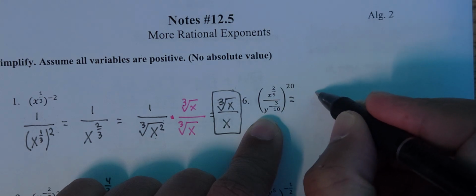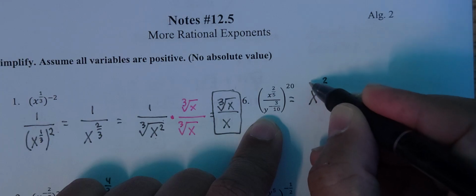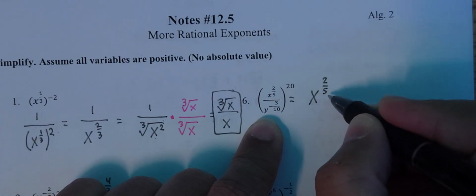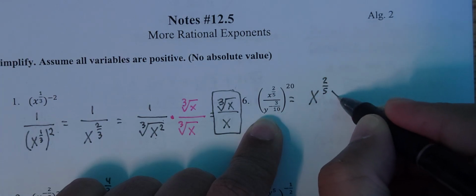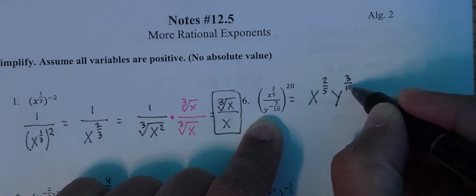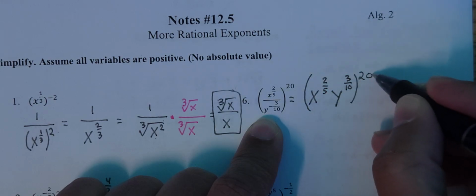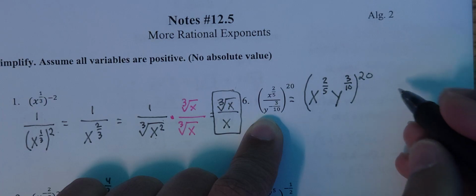I'm going to rewrite this as x to the 2/5 power. And then I'm going to bring that y to the numerator also and make that power positive, because it's negative in the denominator. And then I'm going to apply the 20th power, distributing this power to what's inside of the parentheses.